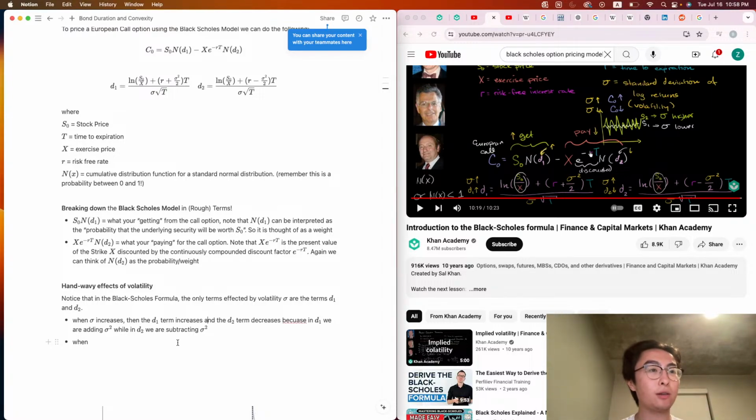Alright, so when sigma increases, see above formula.